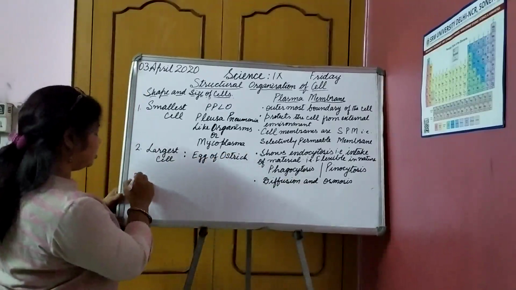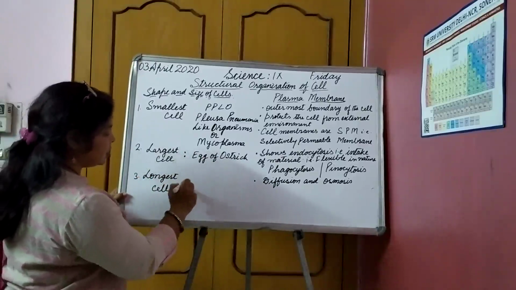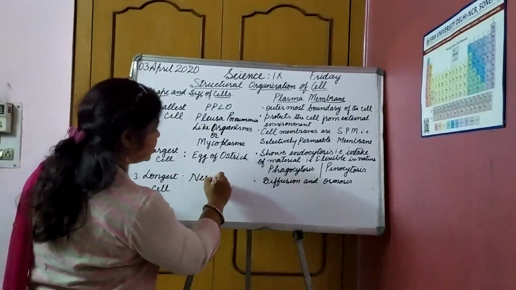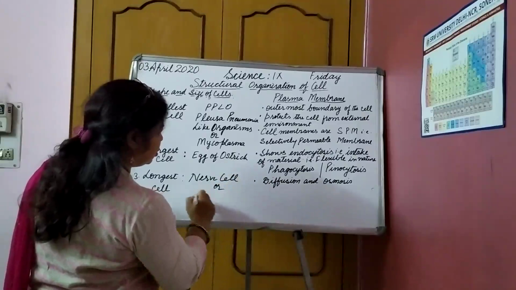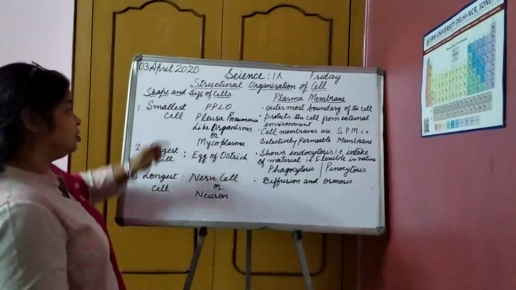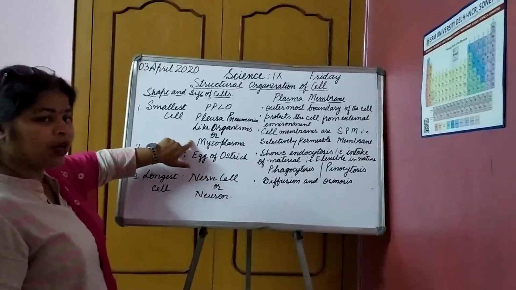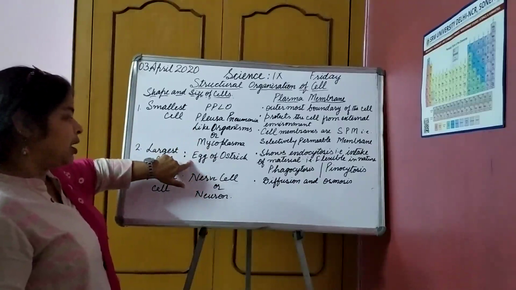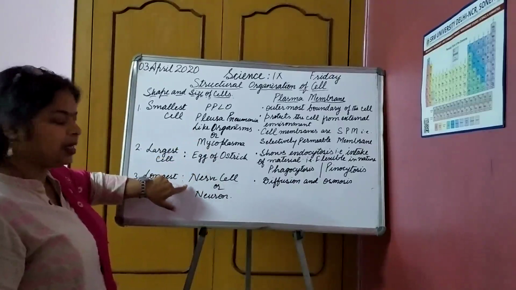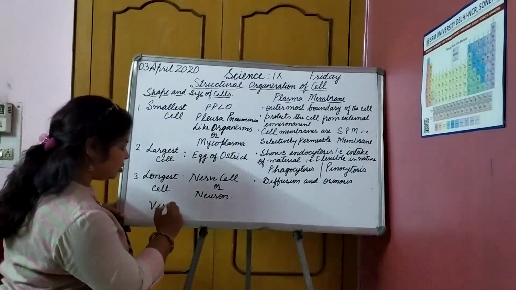Then the third one is the longest cell, which we just discussed, the neuron or nerve cell. Is it okay? So PPLO, Pleuropneumonia-like organisms, and Mycoplasma is the other name. The egg of the ostrich is the largest. The longest is the nerve cell, which can be up to 1 meter. And you know, viruses are also very small.